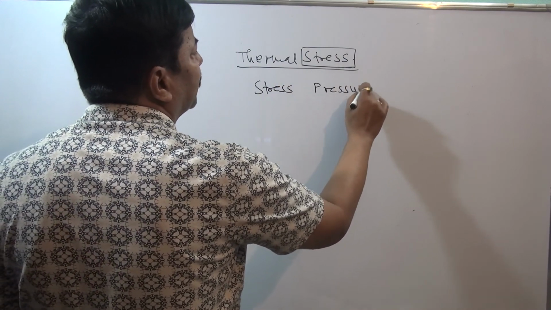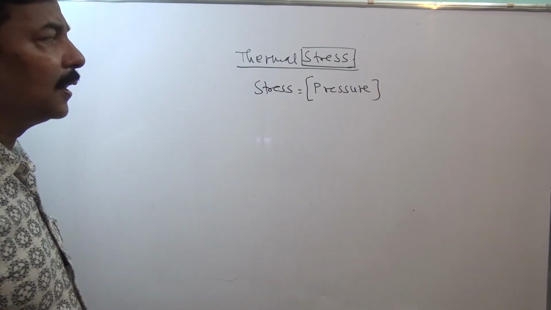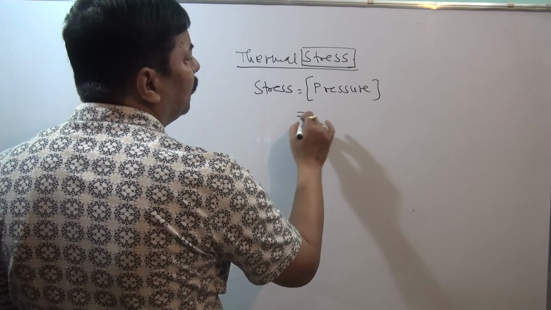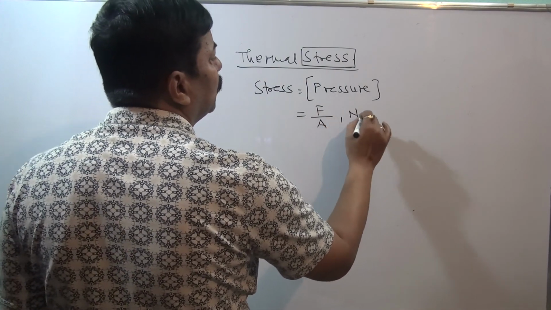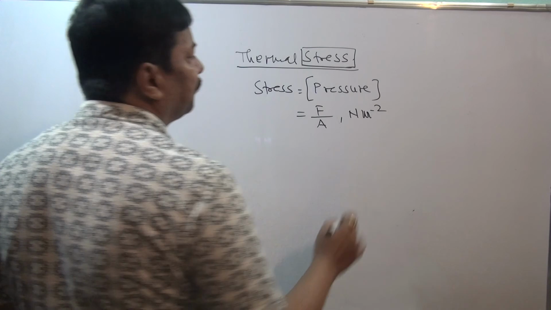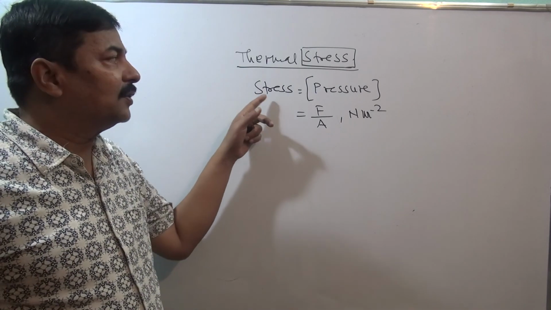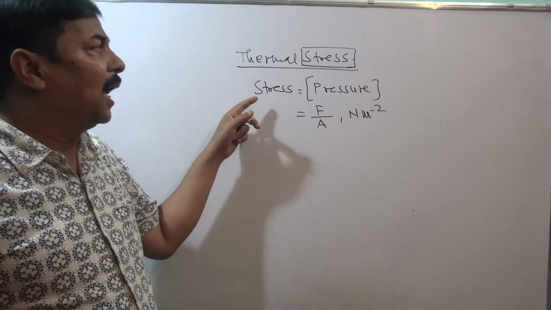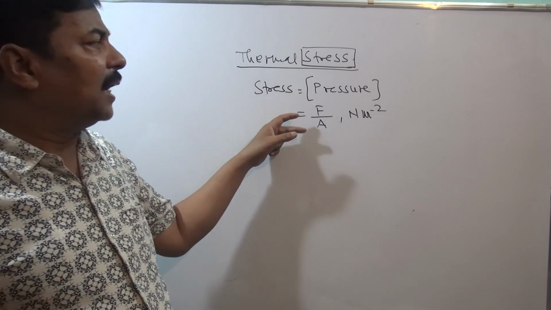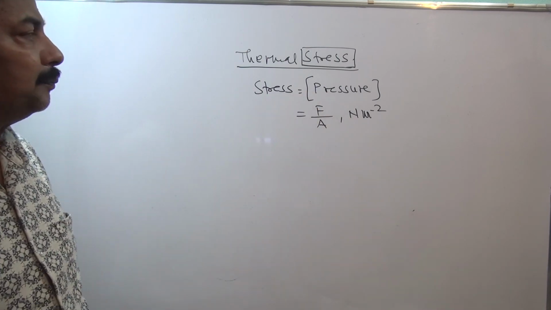It is not pressure, but in dimension terms it is equals to pressure. And then we can say it is force by area and unit Newton per meter square. This thing you should understand about the stress. That stress will be taught to you in mechanics in detail in the elasticity portion, and there you will understand that it is dimensionally equal to pressure.